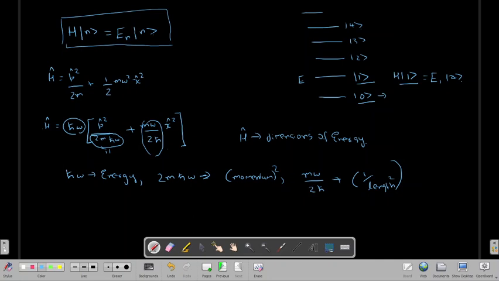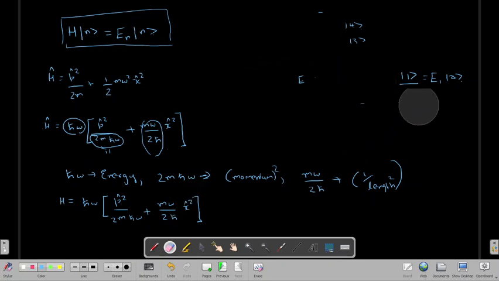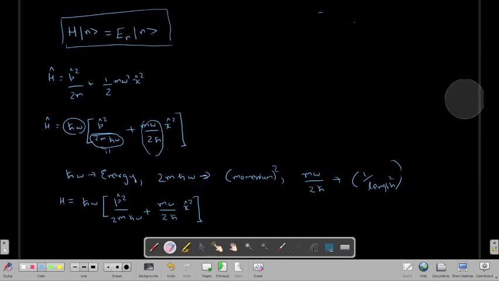Now, okay. So we were at this point where we have written H is equal to h cross omega times p square by 2m h cross omega plus m omega by 2h cross into x square. Okay. So again, I will use some rescaling of variables. Okay.